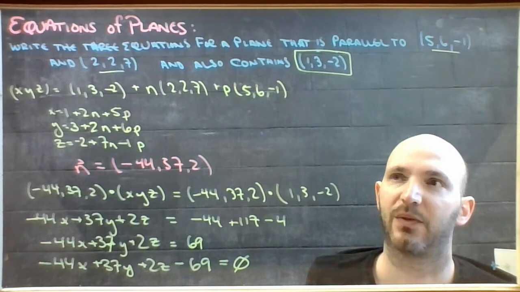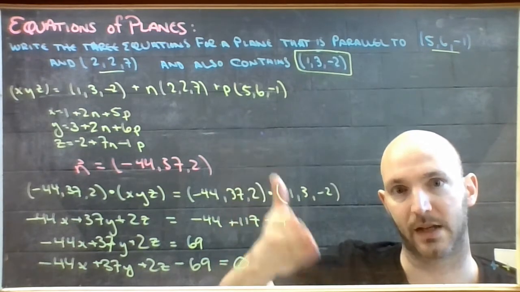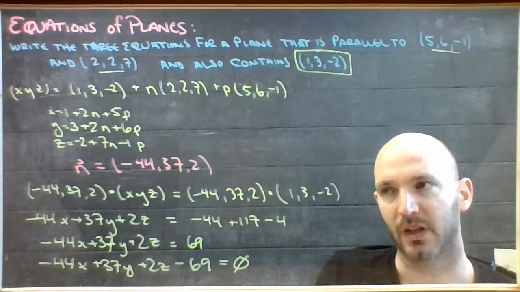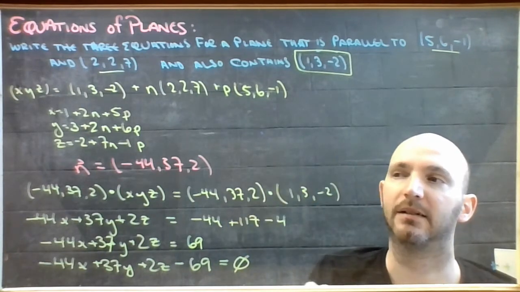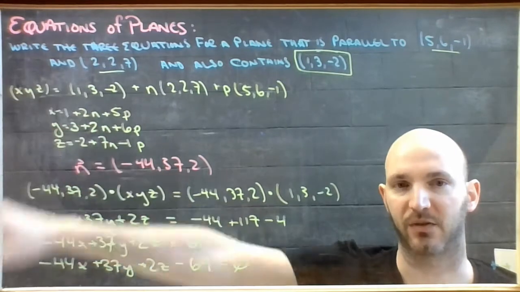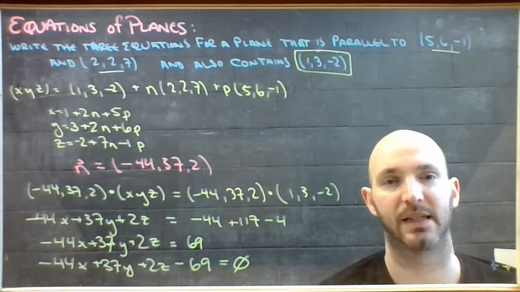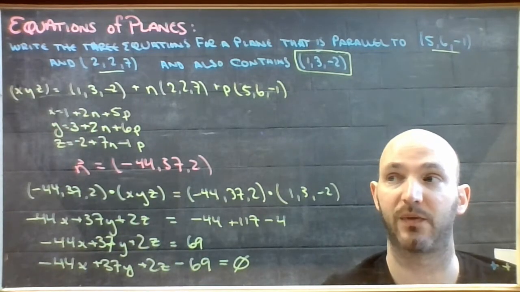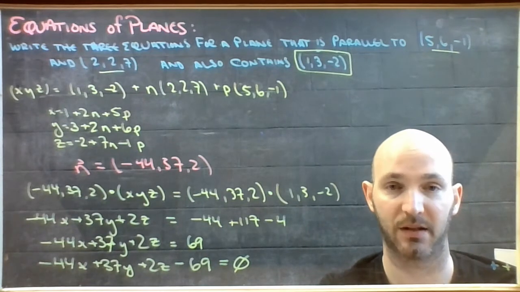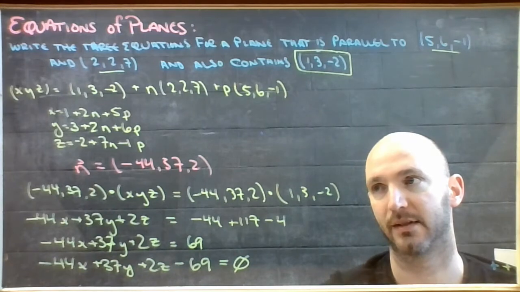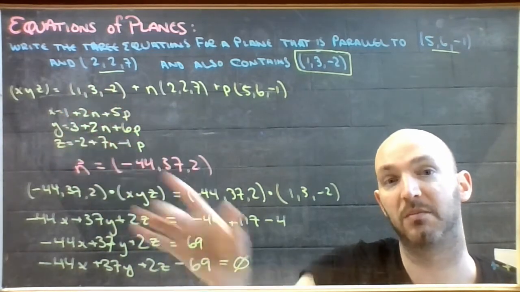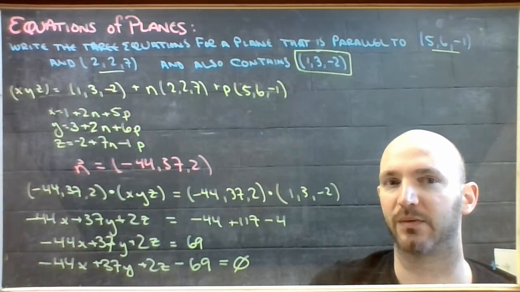If I was trying to figure out where this plane crossed another one, or where a line intersected this particular plane, I'm going to need my parametric equations. I need to get the x, the y, and the z out of the way so that I can find the coordinates n and p on the plane to find the place where that line crosses. So this format is going to be better for trying to do any sort of intersection.